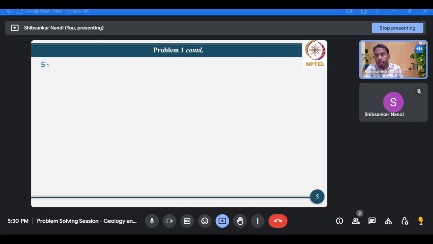So for sand, we have gamma bulk 17 kilonewton per meter cube. This is valid from 0 to -7 meter.